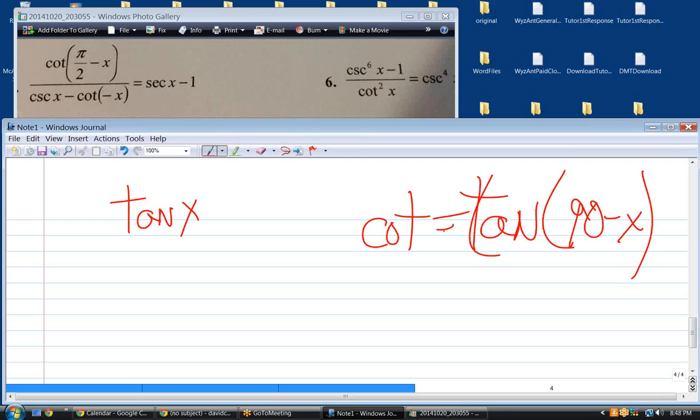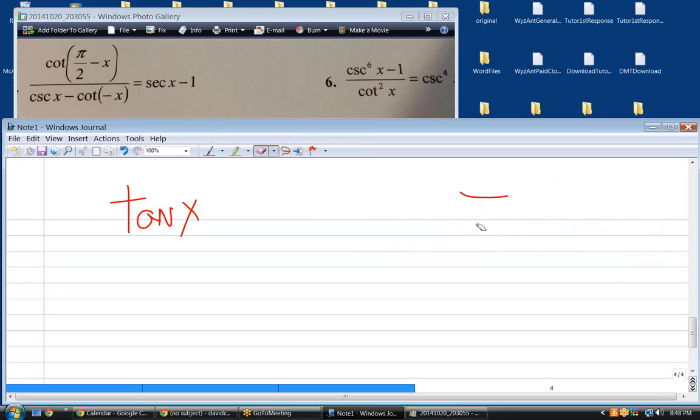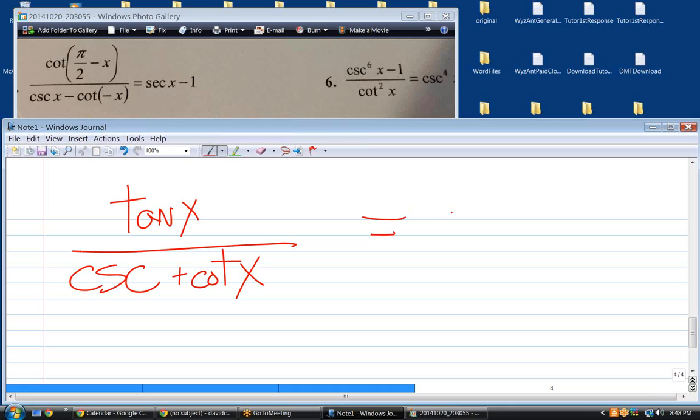In other words, it works both ways. So we got the tangent of x in the numerator. What's in the denominator after we replace that? Cosecant of x plus cotangent x. Okay, and somehow that's got to be equal to secant x minus 1.